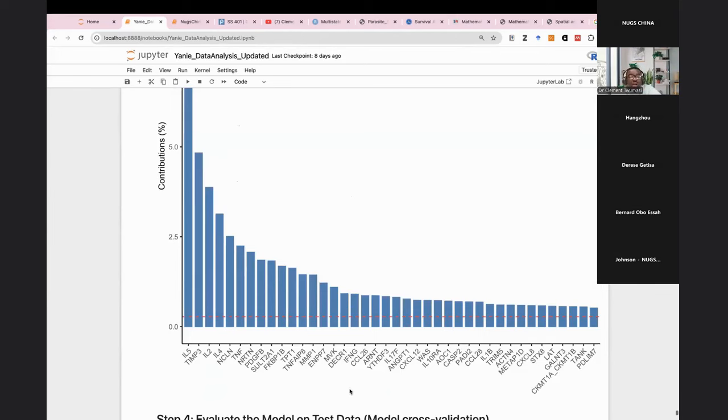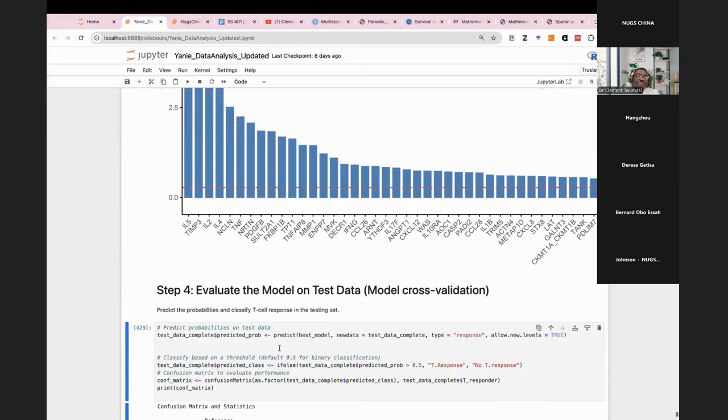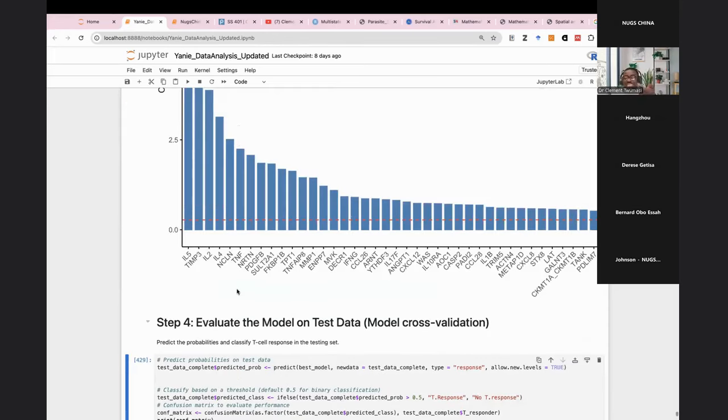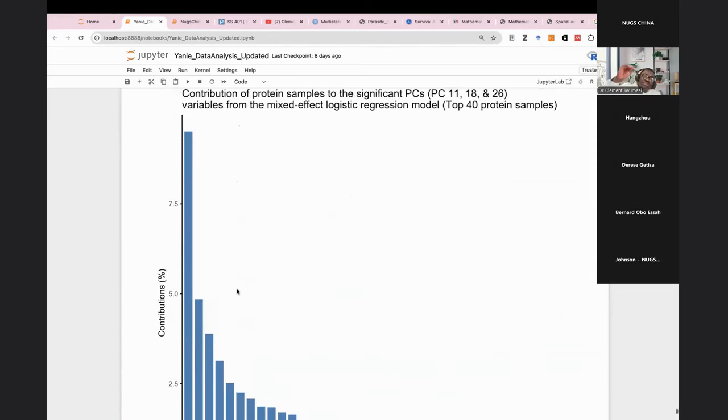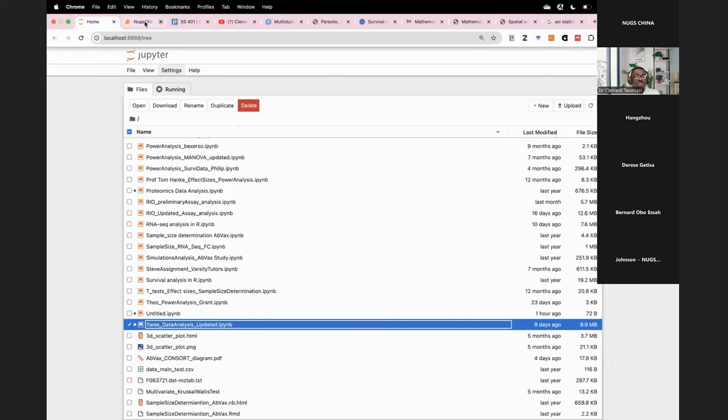So it means that if you use PCA to combine the data set, it doesn't throw away the information. As a matter of fact, you'll be able to identify which set of protein samples or which set of variables actually do well or perform better on those principal components that you considered as predictors in the model. So that's just something I wanted you to note.